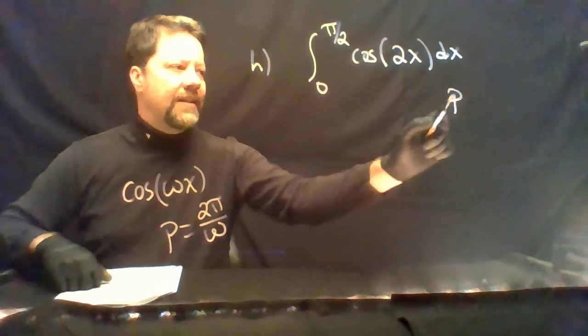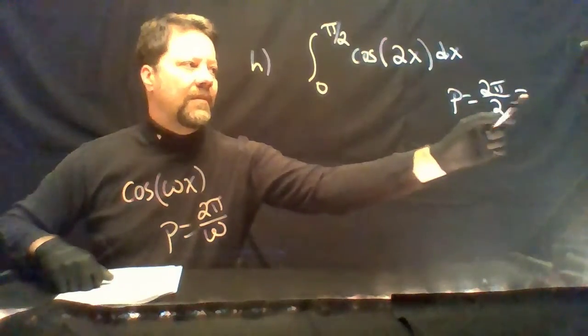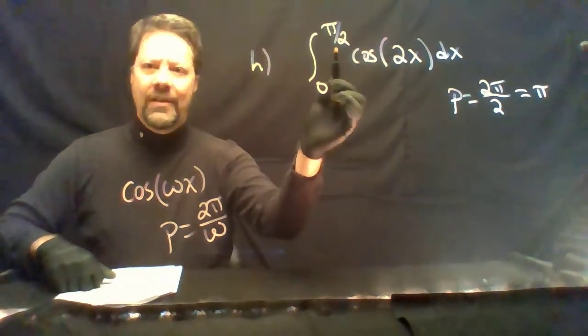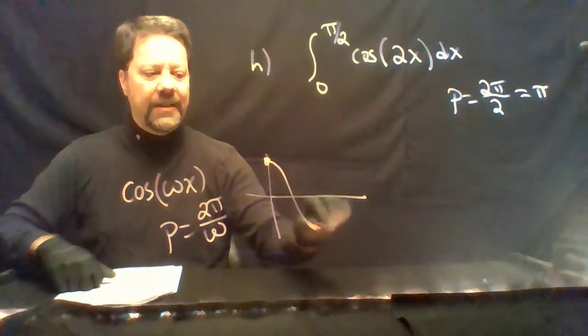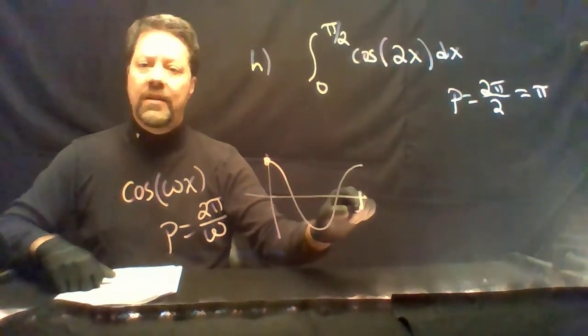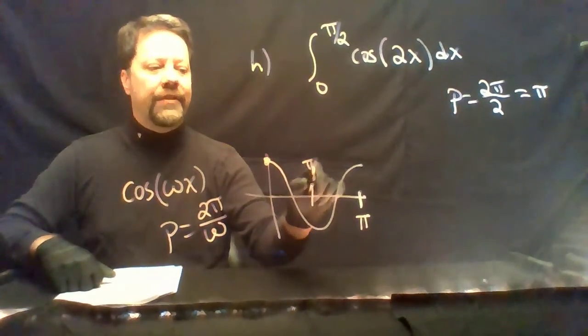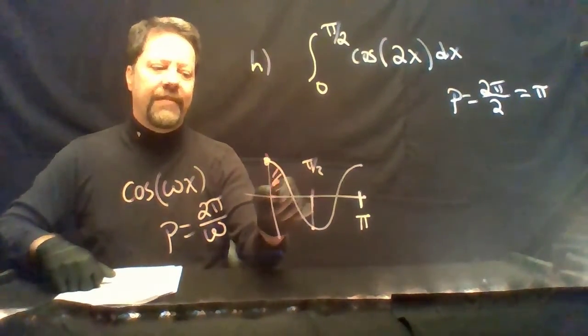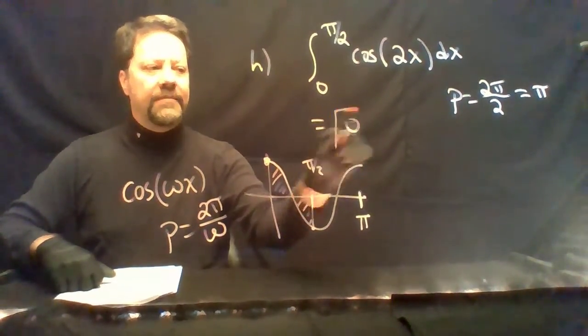The period in this case is 2 pi divided by 2, or pi, which means for this particular cosine function, which always starts up, makes it dip down like this, we complete one cycle in pi units, which means that if we're integrating pi over 2, we have to have half a positive bump and half a negative bump for a grand total of nothing.